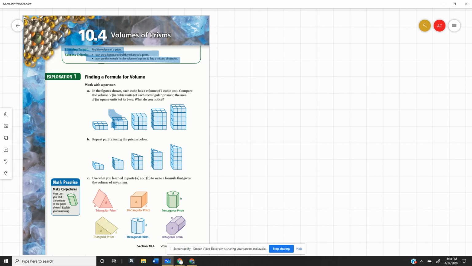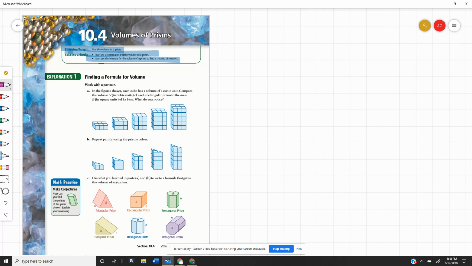All right, so if we look at this exploration, which I know we never really do, I just didn't find them to be that useful. It says in the figure shown, each cube has a volume of 1 cubic unit. Compare the volume of the rectangular prism to the area of its base.